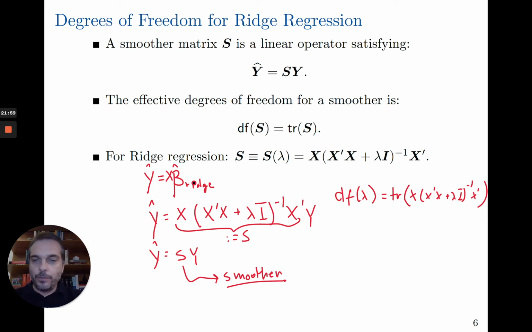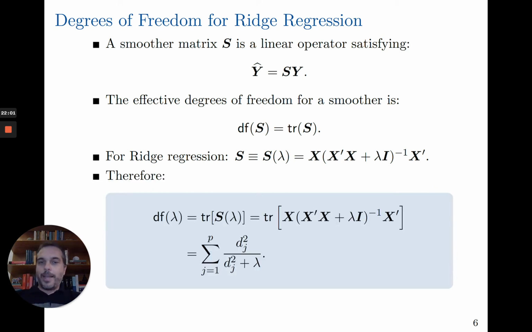Because we know how to decompose this little guy here. And this trace, which is the sum of a diagonal, is nothing more than the sum of dj squared divided by dj squared plus lambda.